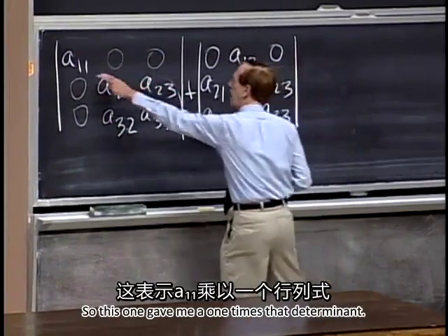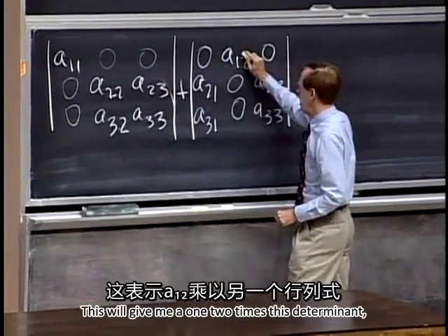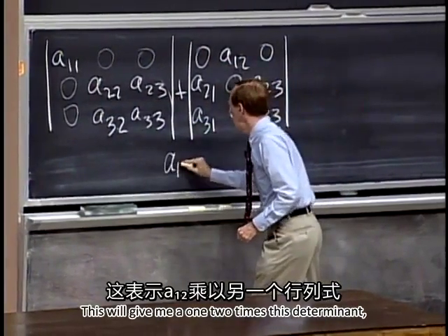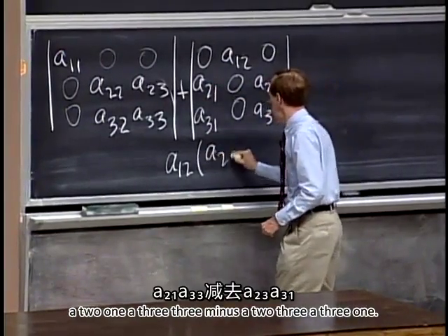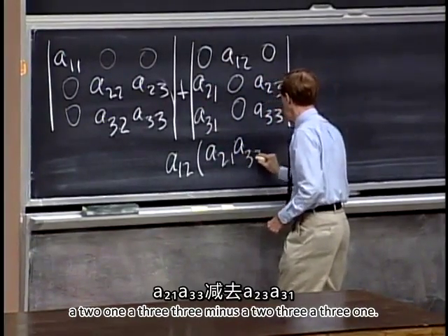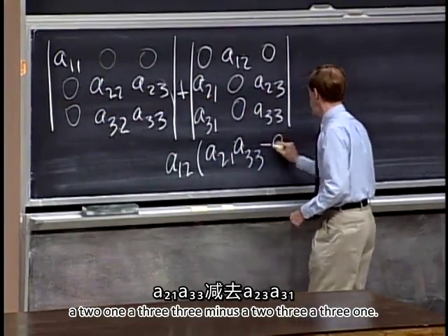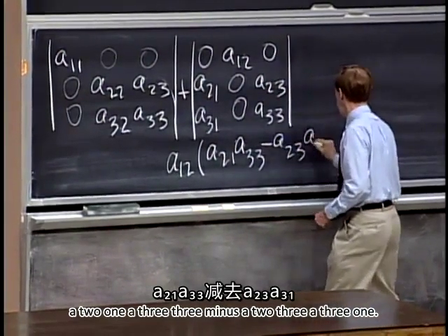So this one gave me A11 times that determinant. This will give me A12 times this determinant, A21, A33, minus A23, A31.